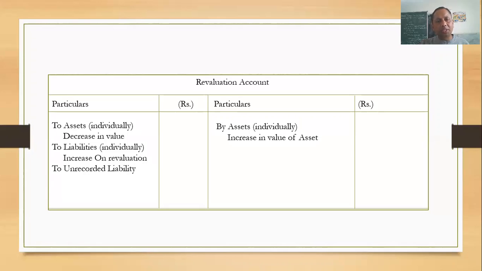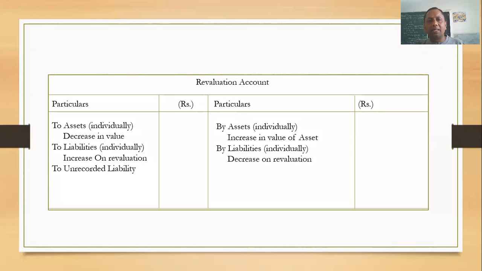It means how much increase in the value of fixed assets? 20% of 1 lakh is 20,000. So the 20,000 is shown on the credit side of the revaluation account as by fixed assets, increase in the value of fixed assets.